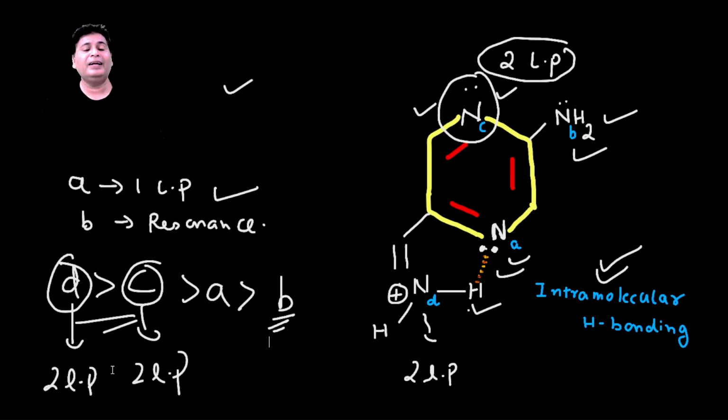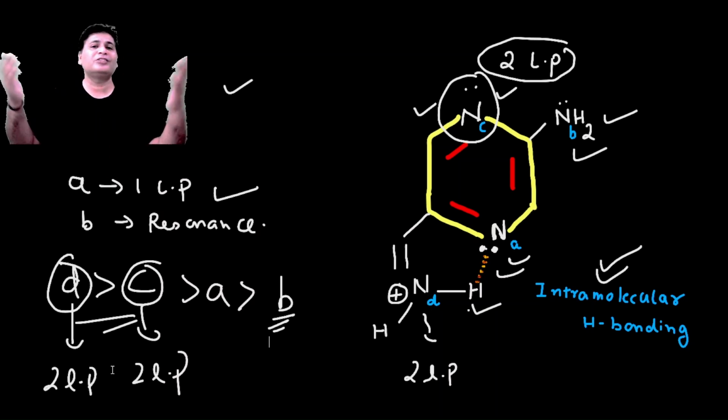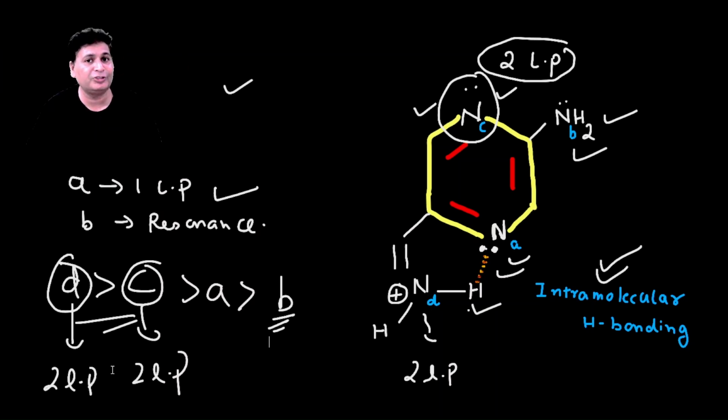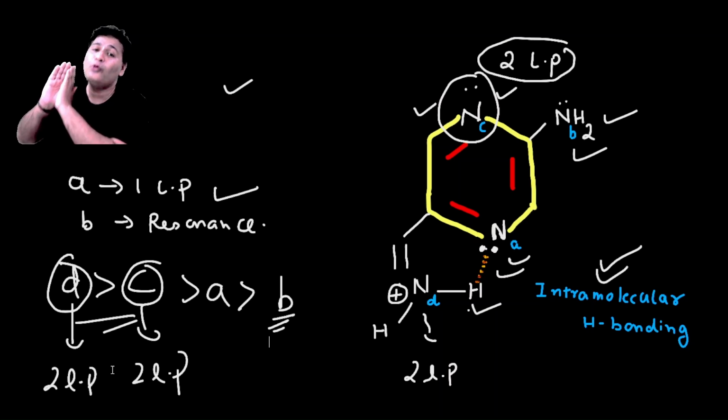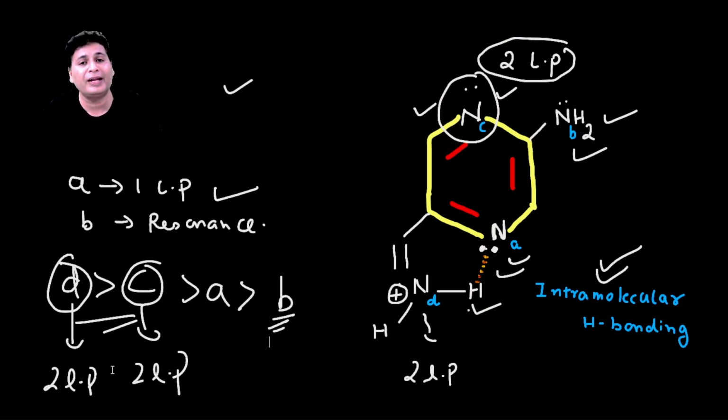On the other hand, C does not make such 5-membered or 6-membered intramolecular hydrogen bonding. Now coming on to A and B, A had the one lone pair in all the resonating structures localized, and the B lost the electron due to conjugation, so it was the poorest in terms of electron availability.